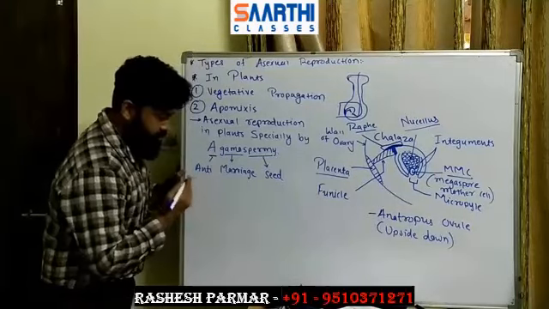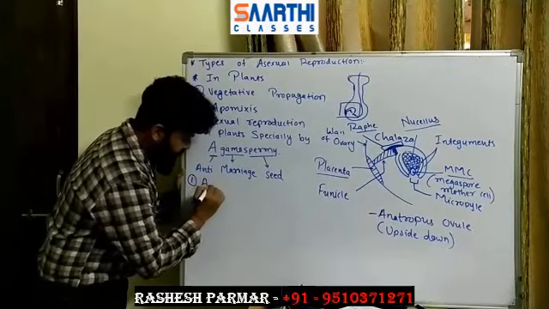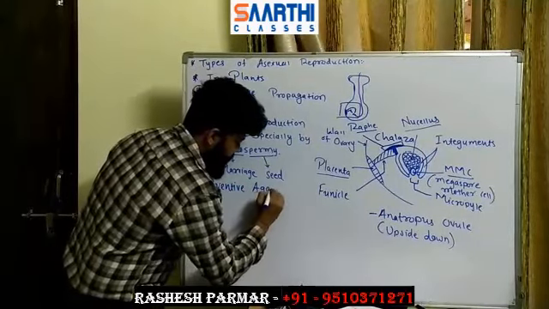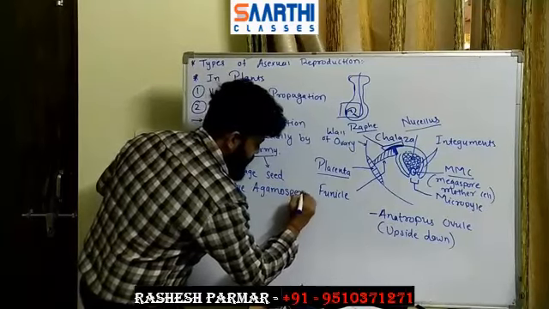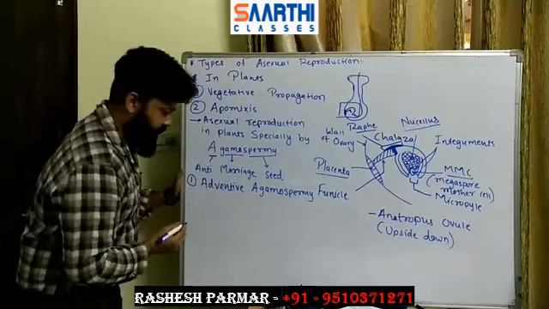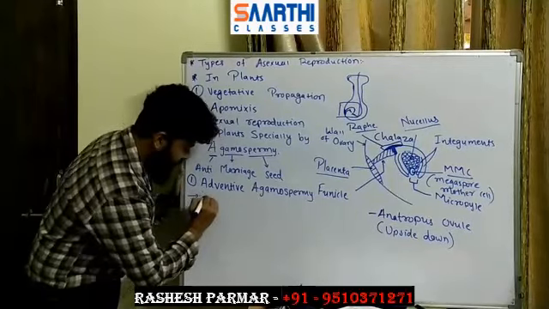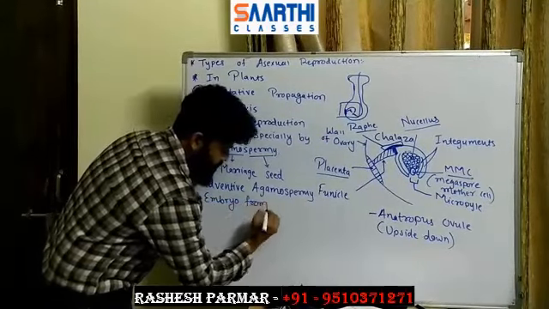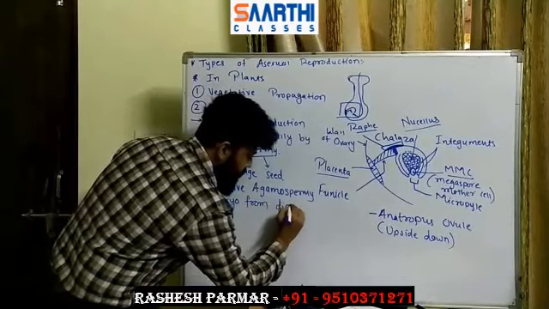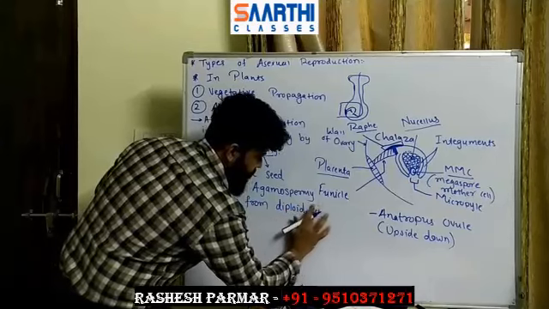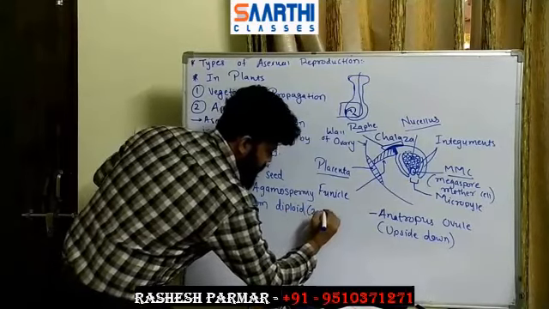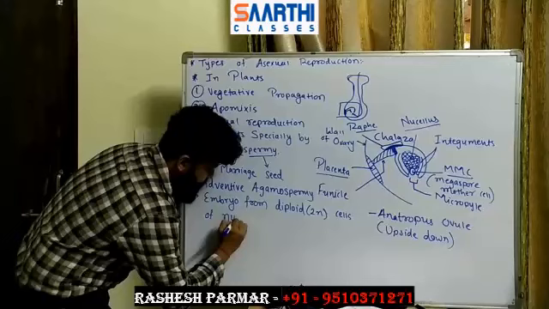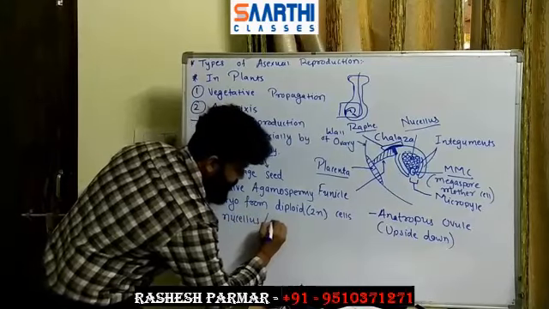Agamospermy has three types. The first type is adventive agamospermy, which is formation of embryo from diploid cells of nucellus or integuments.